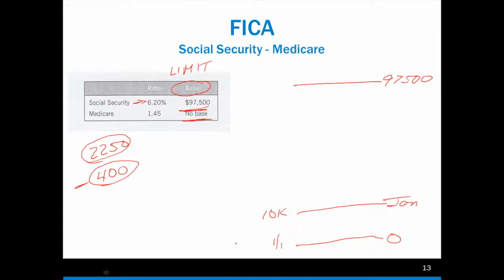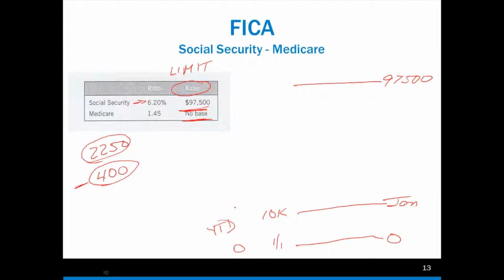Well, your year-to-date, and this is important, and this is why you have to keep track of your year-to-date. At the beginning of the year, your year-to-date was 0. Now you were just paid $10,000. So what part of that $10,000 is still below this limit? Well, obviously the full $10,000.